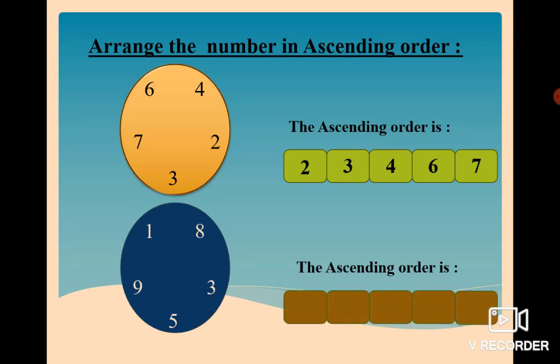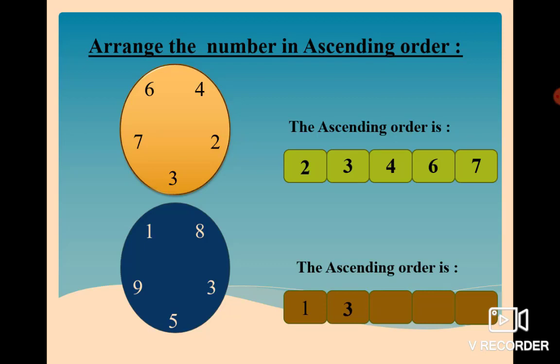Look at the numbers 1, 8, 3, 5 and 9. Now, which is the smallest number? 1 is the smallest number. Then, which number will come next? 3 is the smallest number.